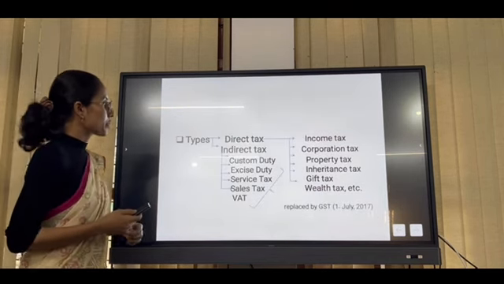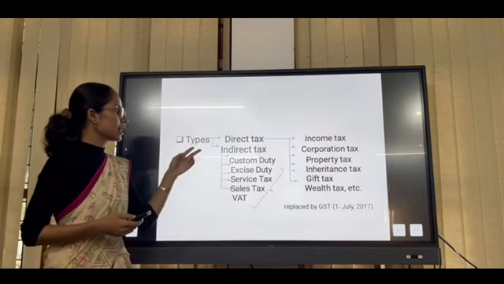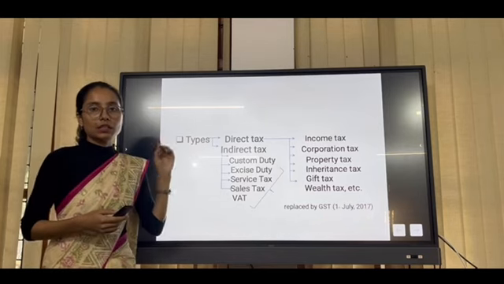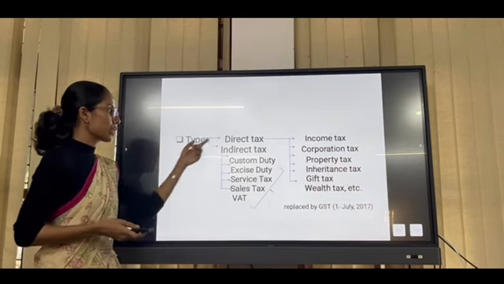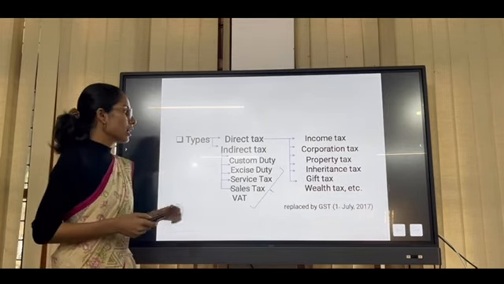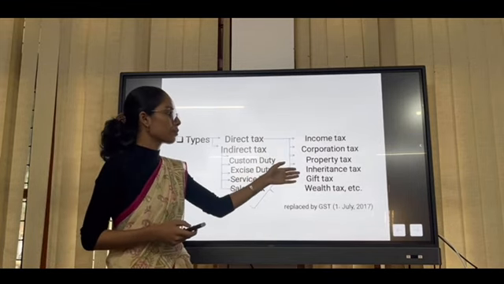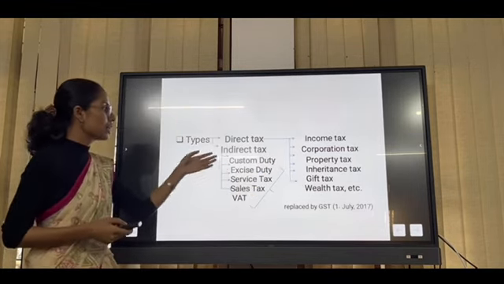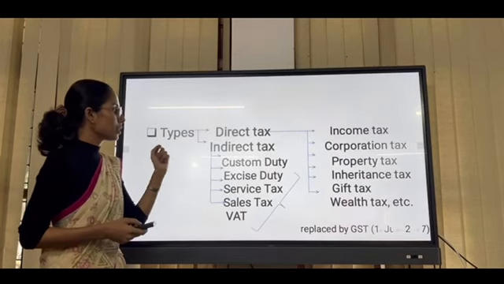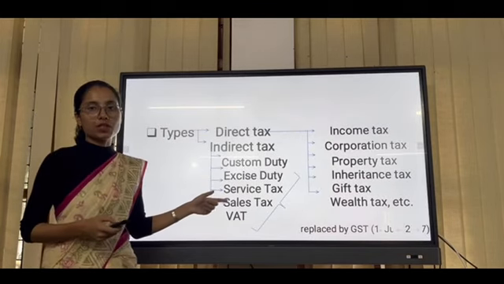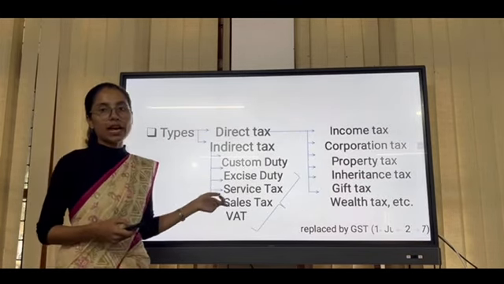There are certain types of taxation. Basically, tax can be divided into two types: direct tax and indirect tax. Direct taxes can be income tax, corporation tax, property tax, inheritance tax, etc. Indirect taxes were customs duty, excise duty, service tax, sales tax, VAT.